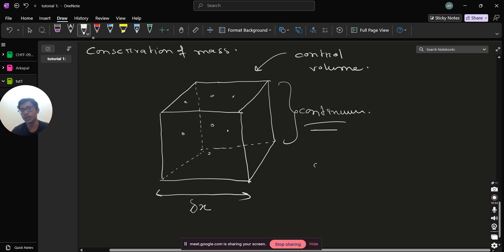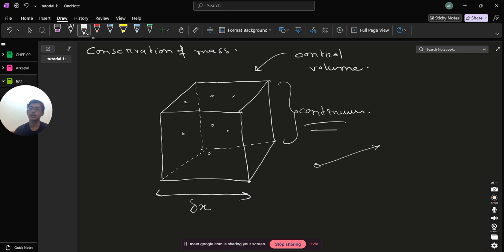and for example, each molecule has a mean free path. If you remember, this is a molecule, and each molecule will be traveling some distance before colliding with another molecule. So this is another molecule, it will collide. So for example, this is lambda 1, lambda 2, lambda 3, and so on, a lot.